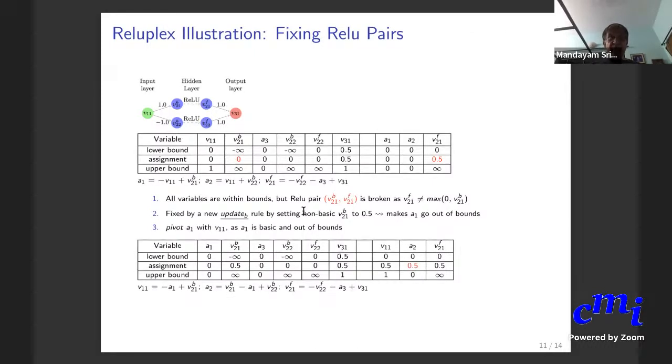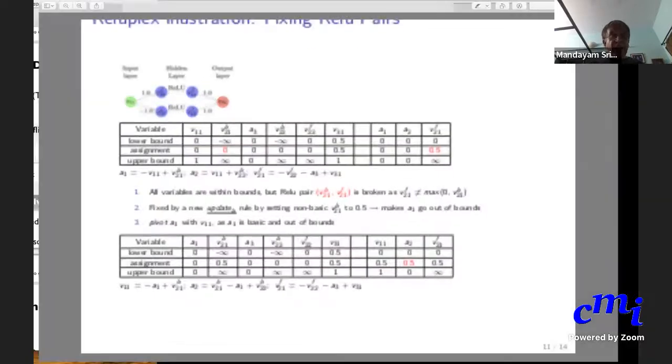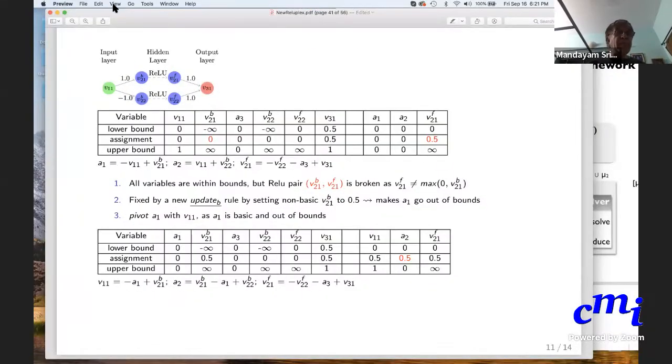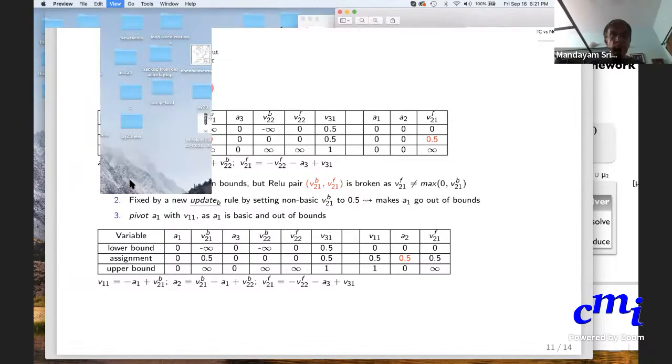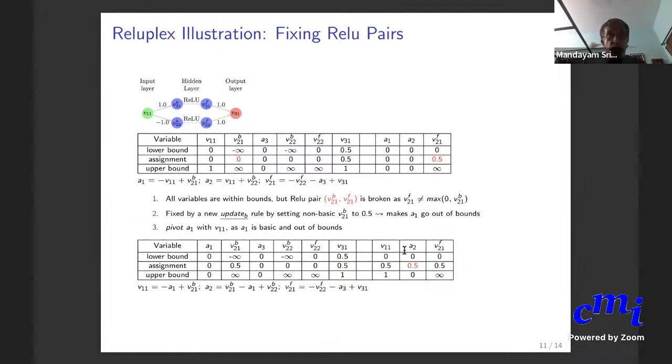That is fixed by pivoting A1 with V11, I guess. Yes, with V11. And this is the result of the pivot and update.